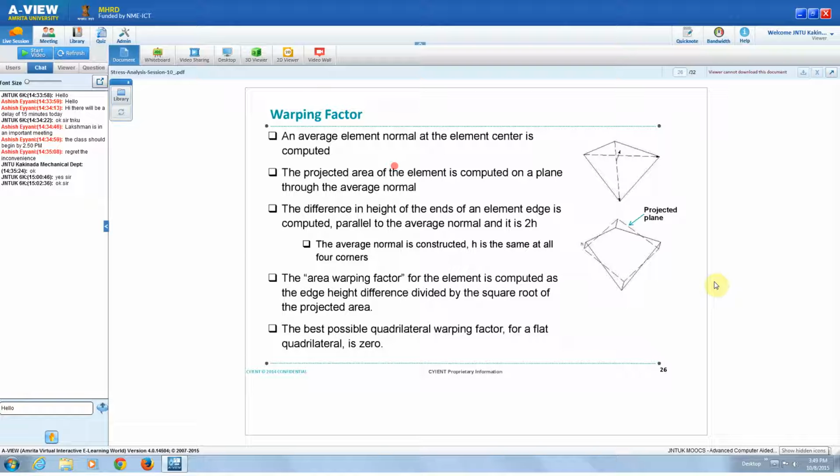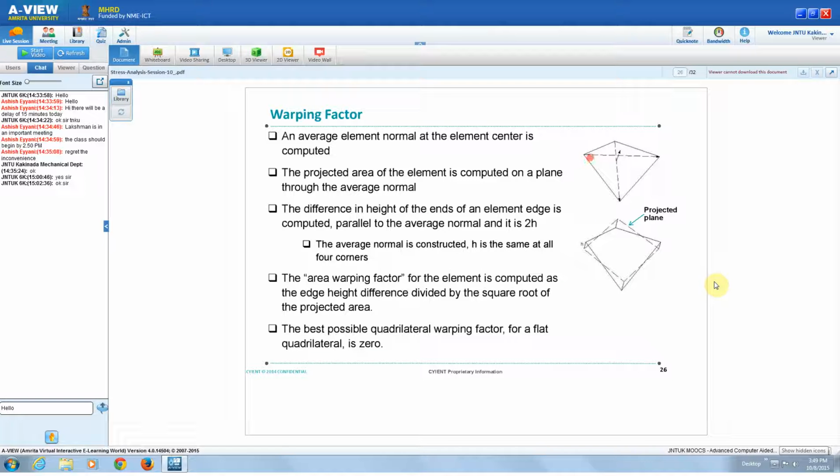If you take a typical quadrilateral element, an average element normal will be created at the element center, and if this element is curved, it will be projected onto the plane normal to this vector.